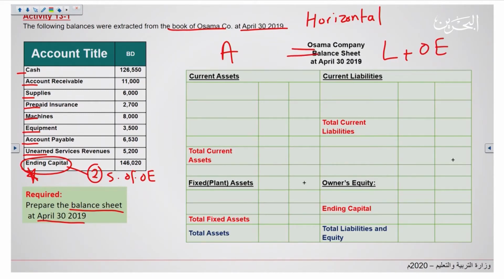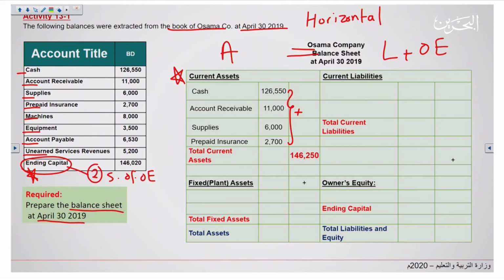In order to make this balance sheet balanced, we will start first with listing the current assets, which are the short-term assets. We have cash, accounts receivable, supplies, prepaid insurance, and we are going to calculate the total of these amounts to get the total current assets.